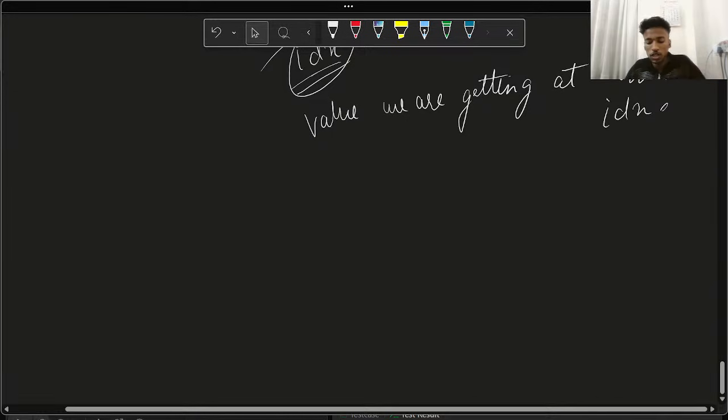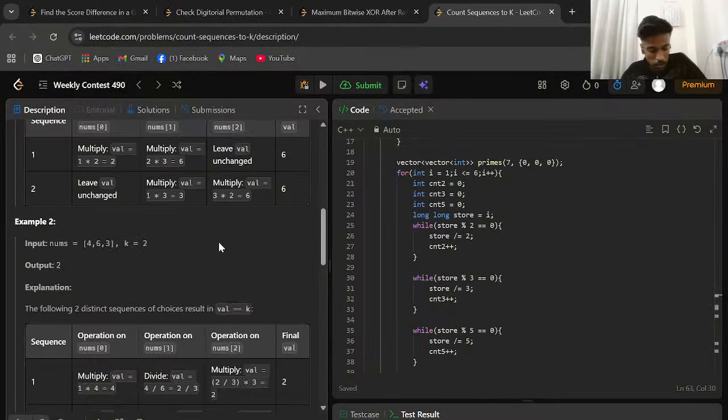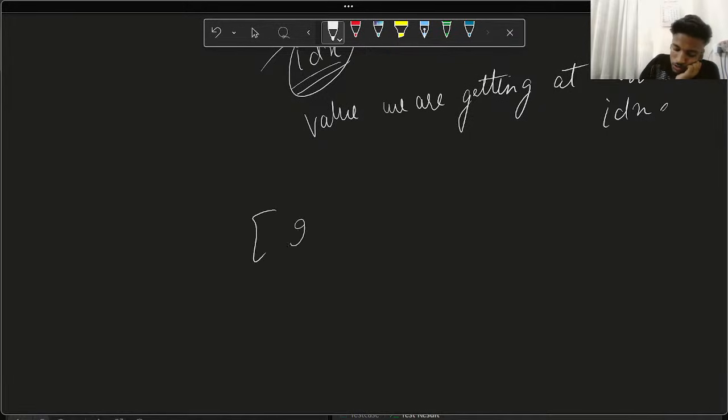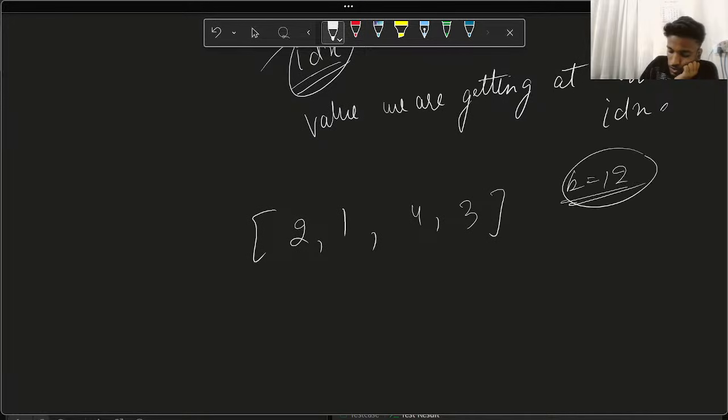So what I'm saying is, suppose it was 2, 1. Suppose we started with val equal to 1. It became 2 here after applying a multiply operation, and again we did a multiply operation here.